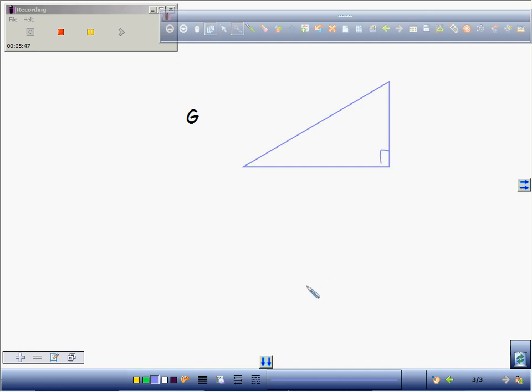So let's say that this side is 9, and this side is 7, and this side we'll call C over here, okay? And they say find C to the nearest 10th. Raise your hand.